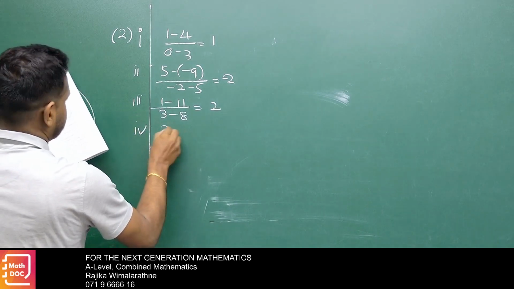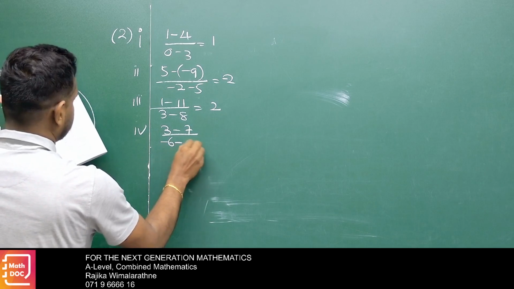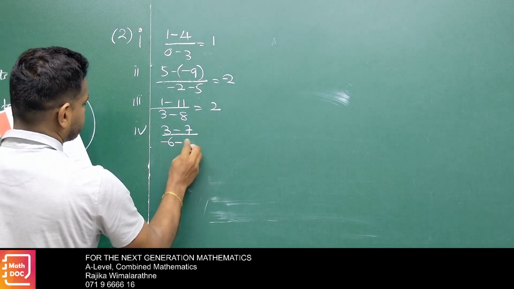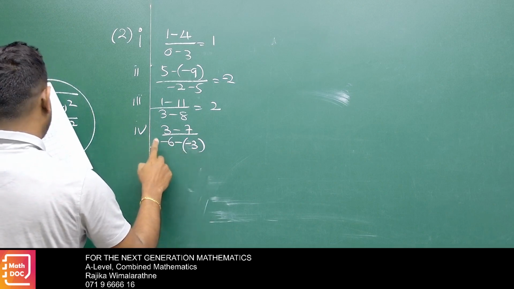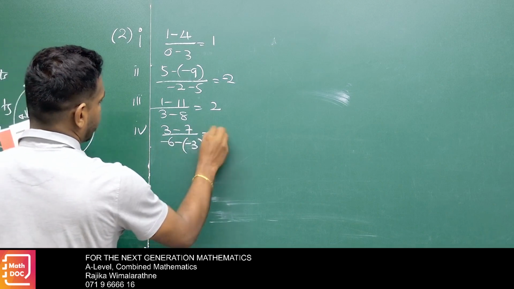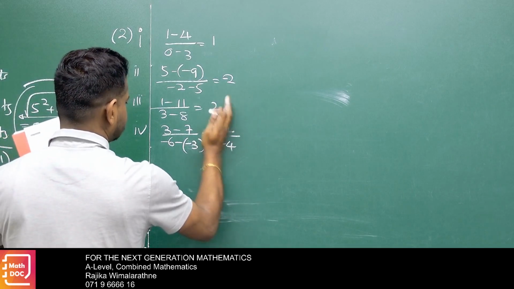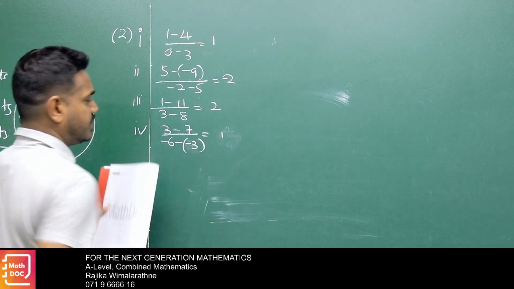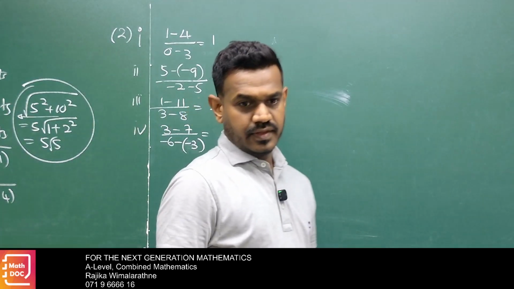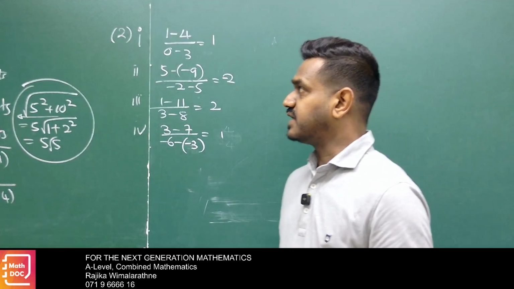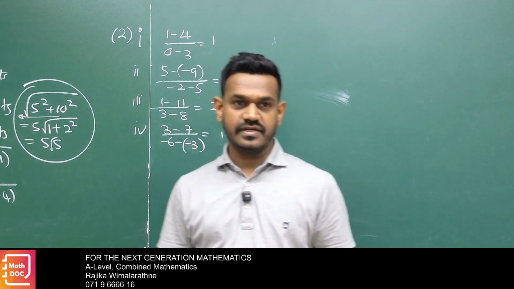Fourth, 3 minus 7 over minus 6 minus 3, here minus 4 over minus 9 or minus 4, 1. Gradient. Apply the previous theorems directly, the distance formula and the gradient relation. Gradient means y difference over x difference.